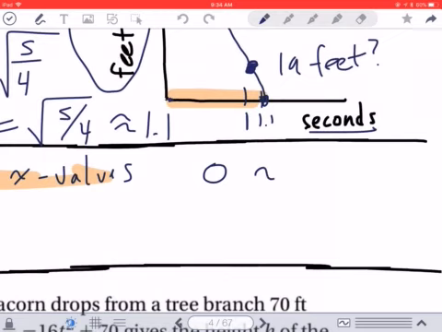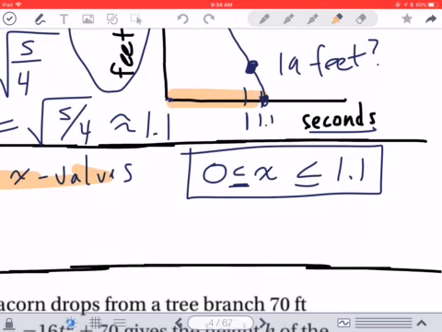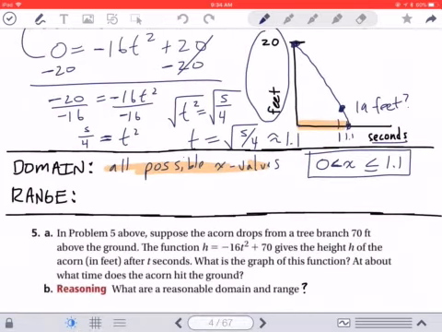The x values stretch from 0 to 1.1, and includes 0 and 1.1. So we could write that as a compound inequality. It's in the air from 0 seconds to 1.1 second. And I guess it's not technically in the air at 0 seconds, so maybe it would be greater than 0 and less than 1.1. The range is all the possible y values.